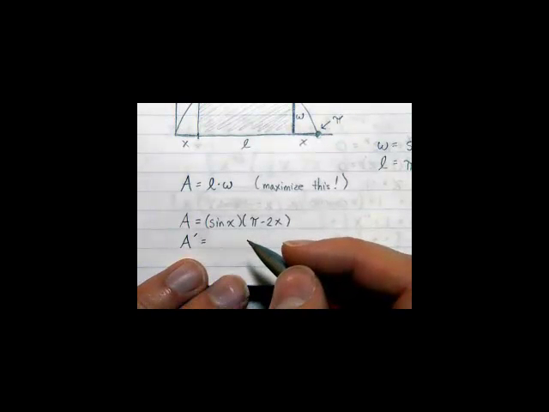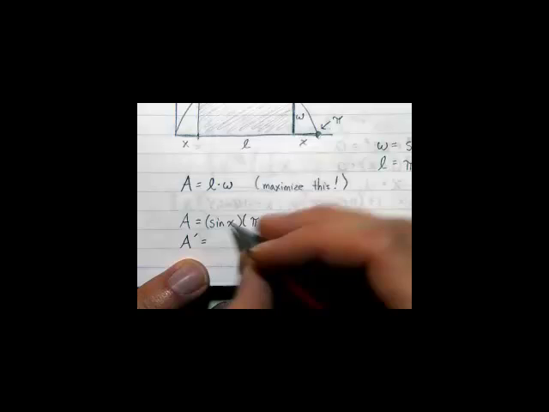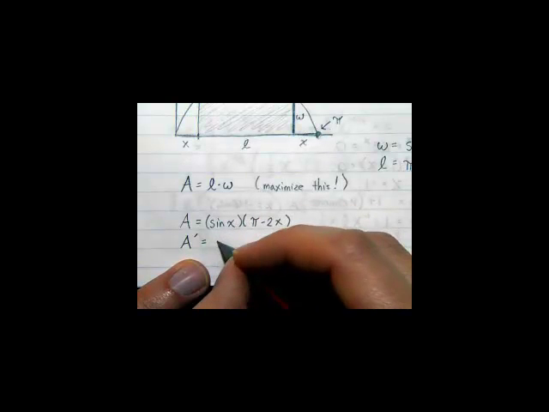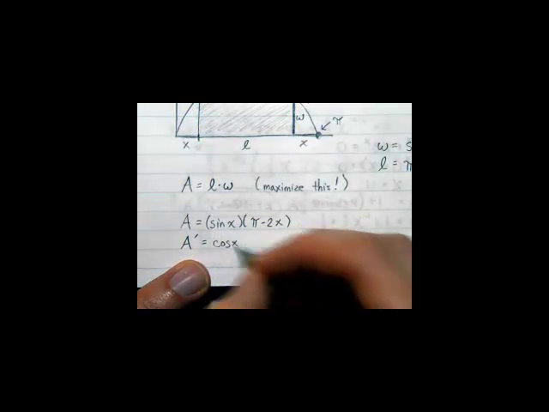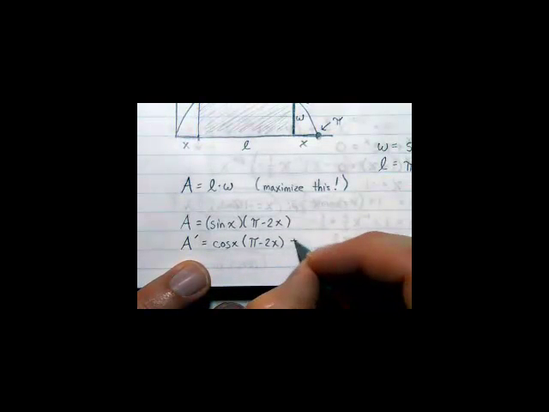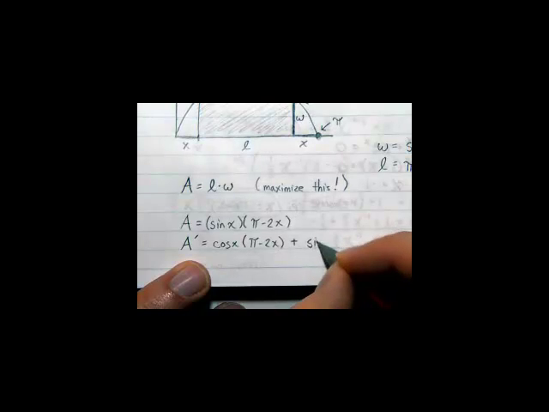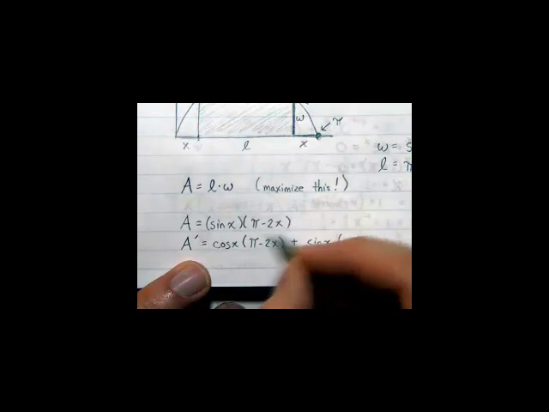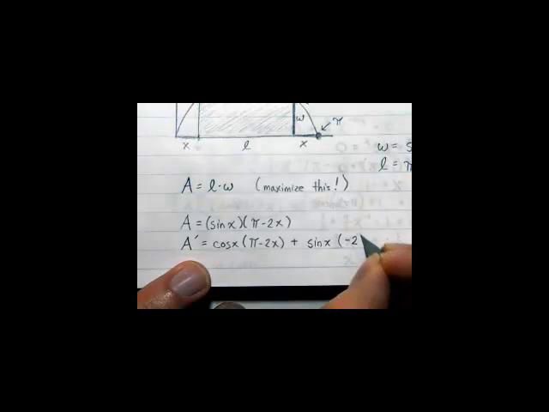So it would be, see, derivative of sine is cosine times pi minus 2x. And then plus sine x times the derivative of this, which would be negative 2.